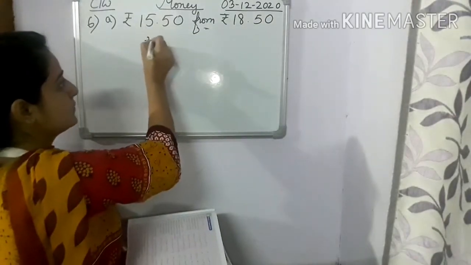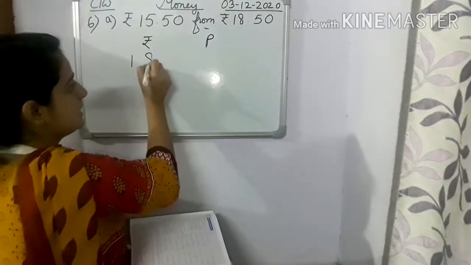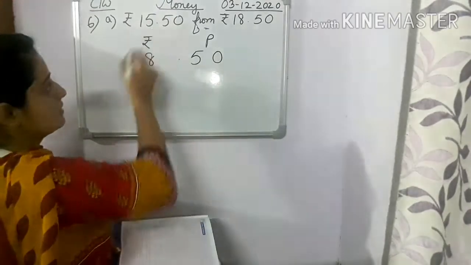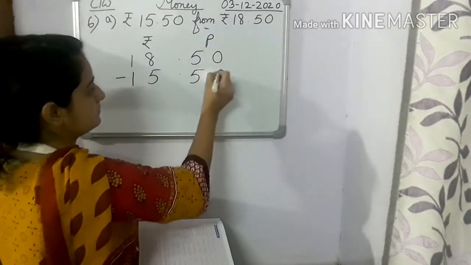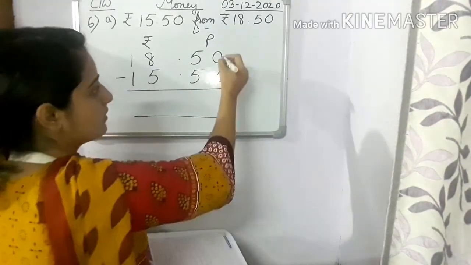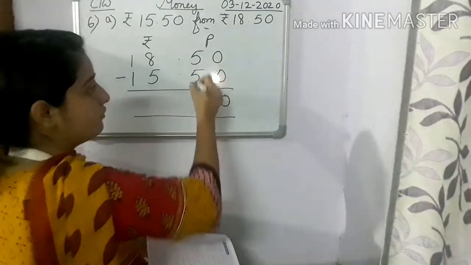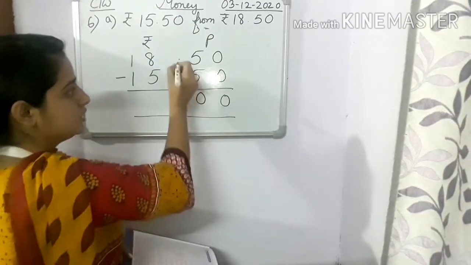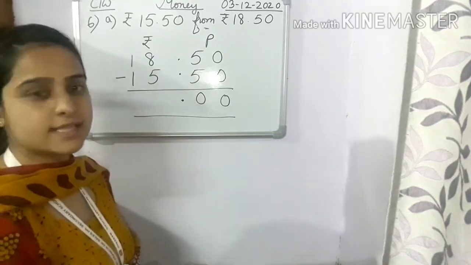Let's do rupees and paisa, then rupees 18.50, minus 15.50. Now let's subtract. 0 minus 0 is 0. 5 minus 5 is 0. And the dot should be in the same line, children.